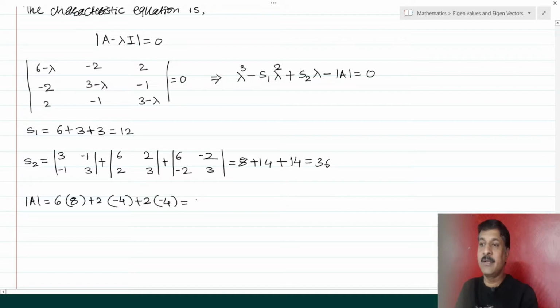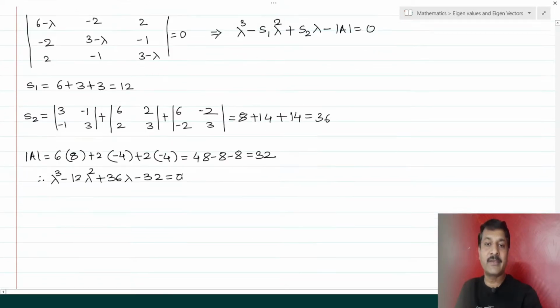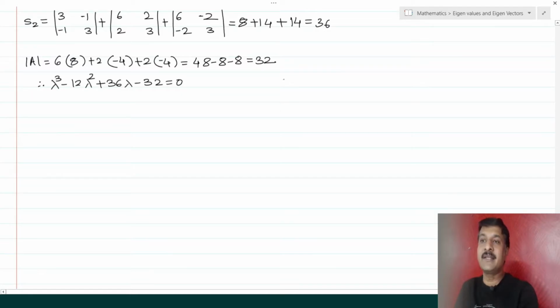So that is equal to 48 minus 8 minus 8, and that is 32. And therefore the characteristic equation is lambda cube minus s1 lambda square plus s2 lambda minus determinant of A equal to 0. So what are the roots of this characteristic equation? We can find by the synthetic division method.